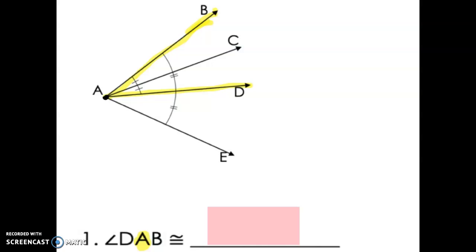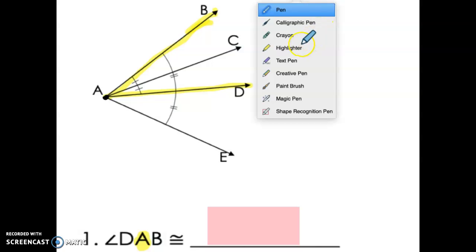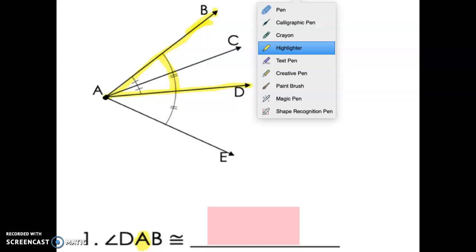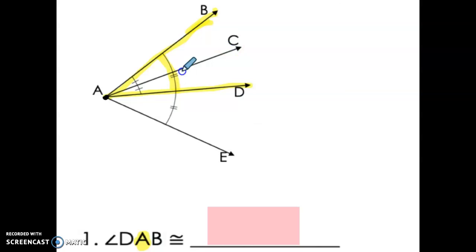Now we need to figure out what angle in this picture is congruent to angle DAB. If we look here, angle DAB is marked with a half circle that has 2 hash marks on it. Right here, 1, 2. So we need to find another angle on the picture that also has the 2 congruency marks.